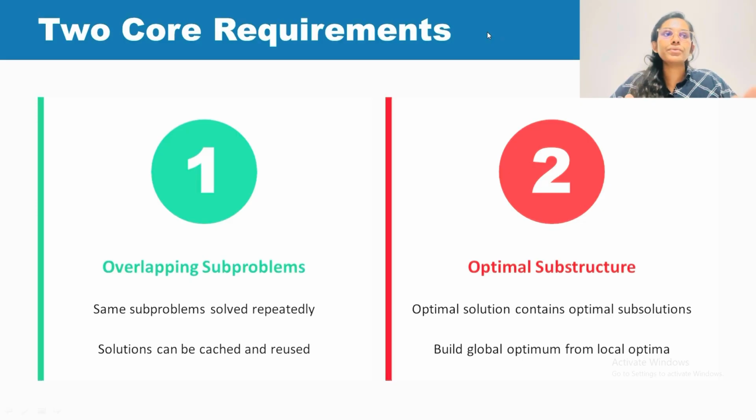When this happens, we have an opportunity to store solutions and reuse them. The second requirement is optimal substructure. This guarantees that if we find the optimal solution to each subproblem and combine them correctly, we will get the optimal solution to the overall problem. These two properties work together to make dynamic programming both possible and powerful.